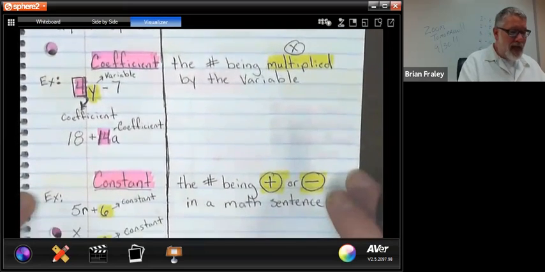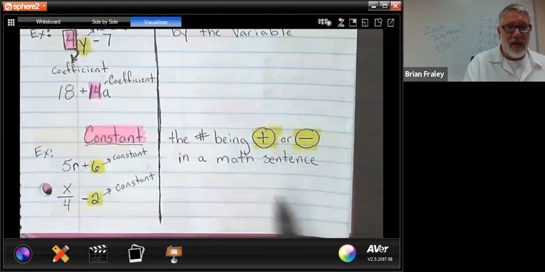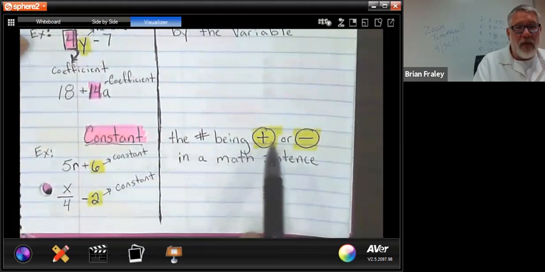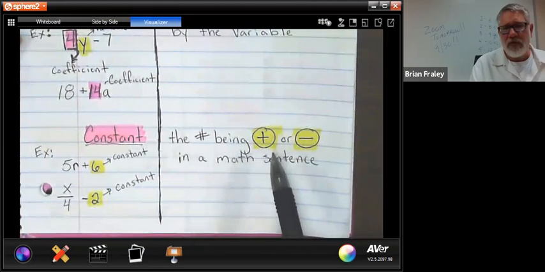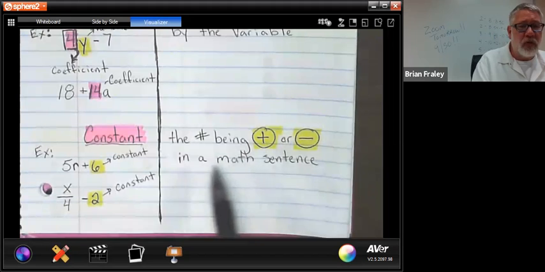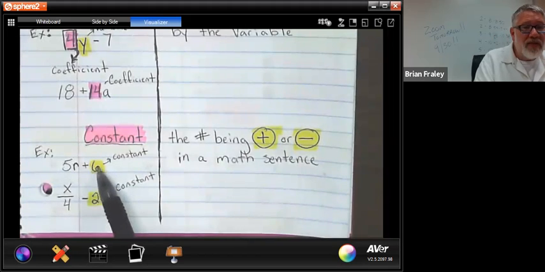And our last definition we have to do today is the constant. Constant is the number that is being added or subtracted in a math sentence. I went ahead and abbreviated, guys. I'm trying to save you writing a whole bunch of words. So again, the number being added or subtracted in a math sentence. Look at this math sentence or an equation, either one. 5r plus 6.